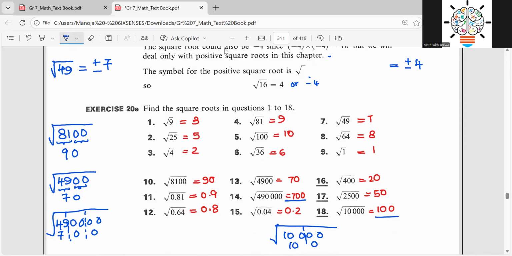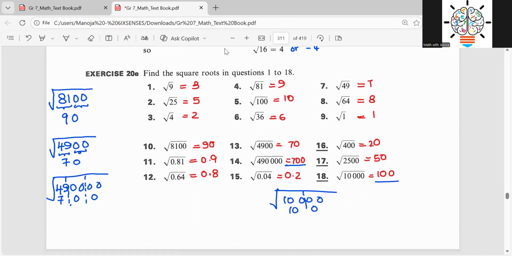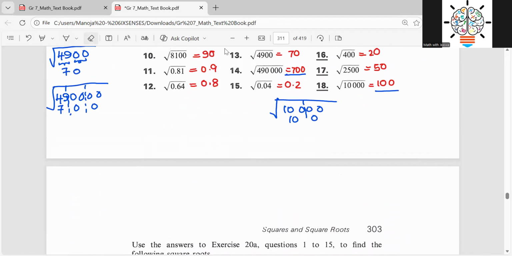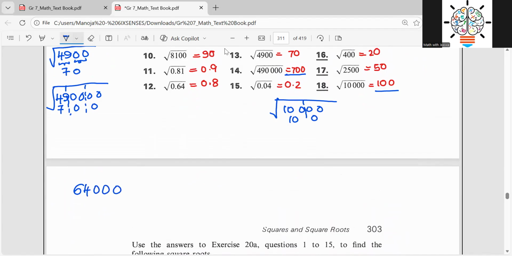This is very easy, children, right? Whatever the number they have given, you don't have to worry. Let's say you have 640,000, something like this. What you want to do, you start from the right side corner, you pair them like this. Here it is 8, here it is 10 and 10. The answer is 800, right?